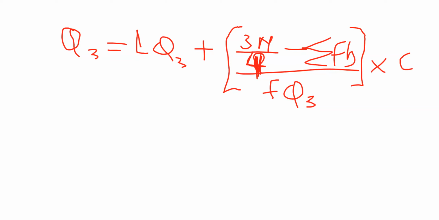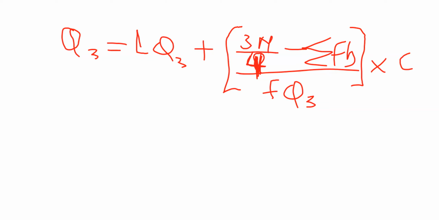If it is Q2, Q2 will be the median, the middle, so it will be n/2. 2/4 is half. That place I wrote 3n/4 will become n/2.